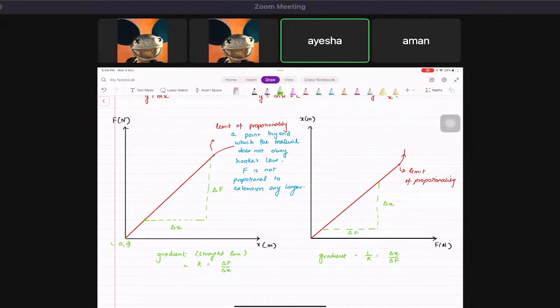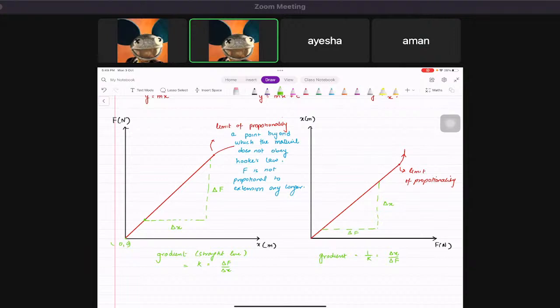Yes. Okay, very good. Now there is going to be a third type of graph, and that graph is highly important.